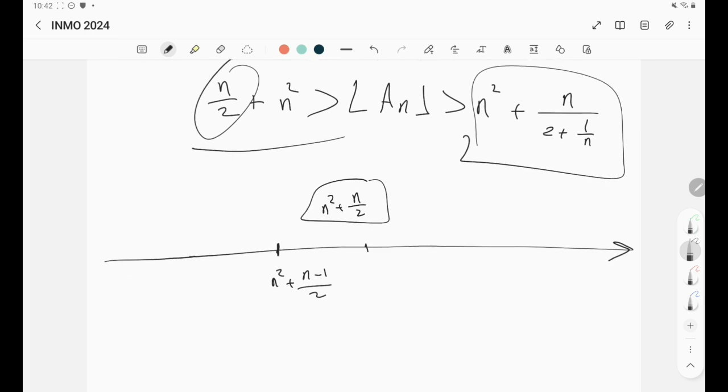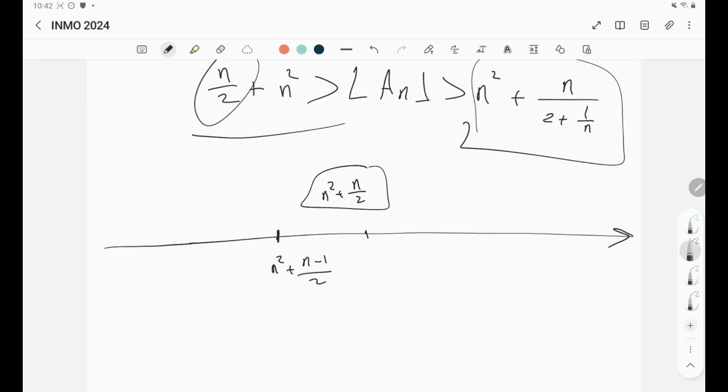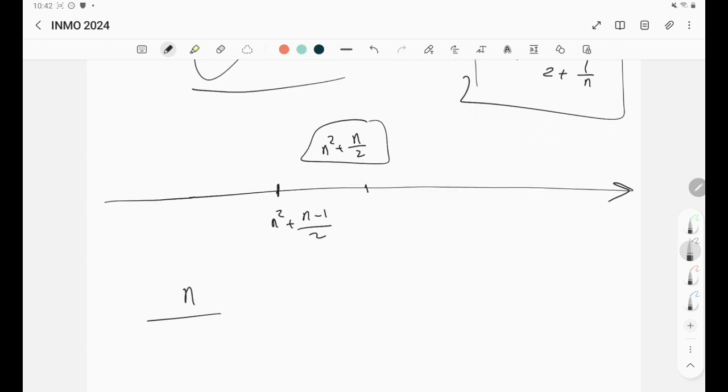So again, that means if we can show that this here is greater than this, let's actually try to show it. We just need to show that n over 2 plus 1 over n is greater than n minus 1 divided by 2.